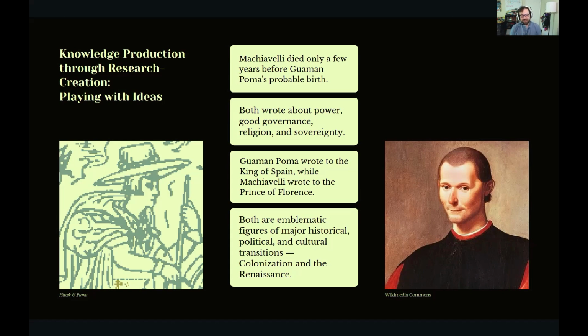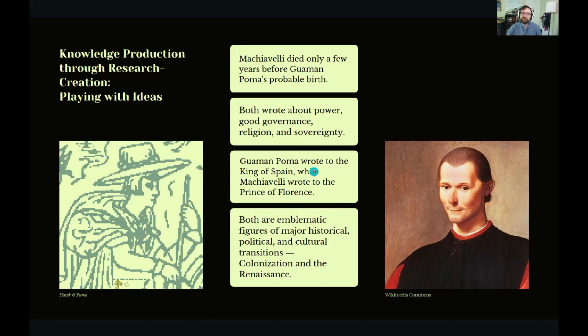While doing the research, I was diving into the materiality of Guaman's work, Guaman's history, and I found the prints in a different space, and suddenly, with this playful thinking on doing this speculative fiction about Guaman, I found this piece, and suddenly both started to interweave in a deep and meaningful way. That's how I noticed that Guaman's work, the New Chronicle and Good Government, and Machiavelli's The Prince had so many things in common.